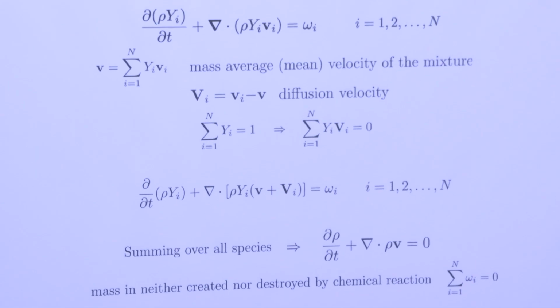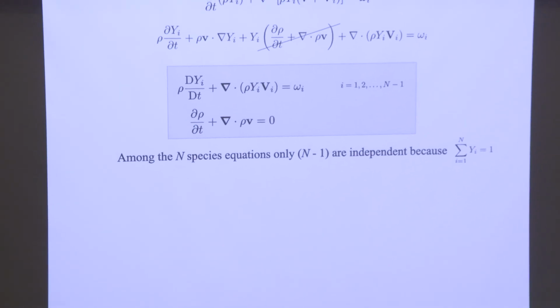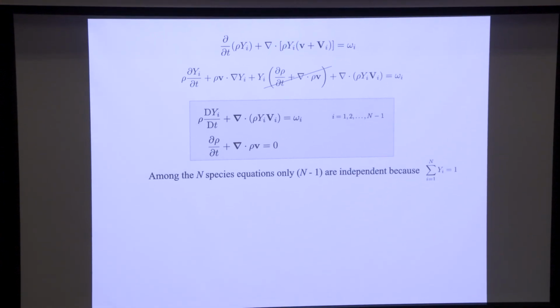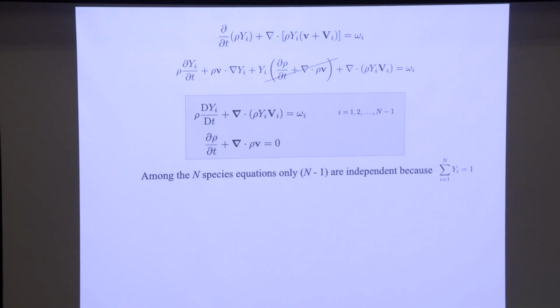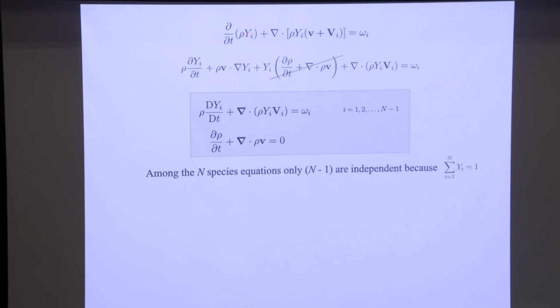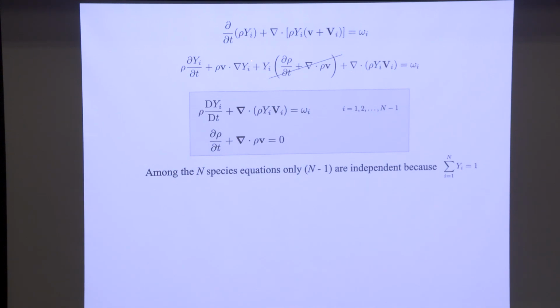This is one more comment that I want to make. Here again is the mass conservation of species i, and then we can use the product rule to change the derivative of the product rho_i into rho dy_i/dt plus y_i d rho/dt, and similarly the divergence into this term and that term.